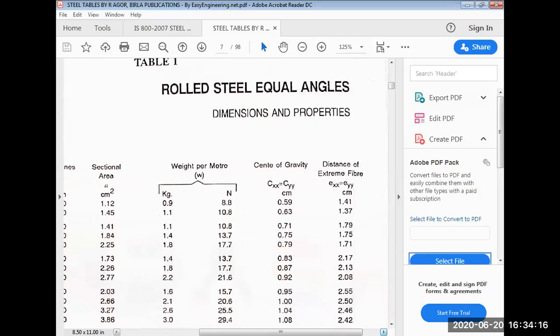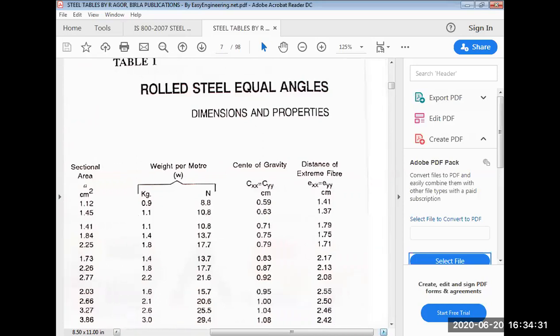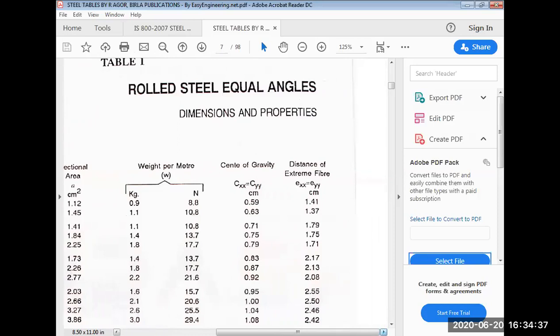Generally in mechanics, in structural analysis, you have calculated this Cxx, Cyy, Ixx, Iyy, moment of inertia. But for these sections, the values are directly given here; you have to take the values directly from the steel table and put them into the formula. So Cxx, Cyy, Ixx, Iyy.